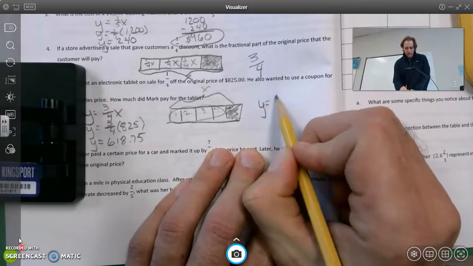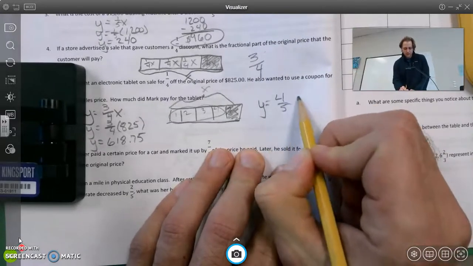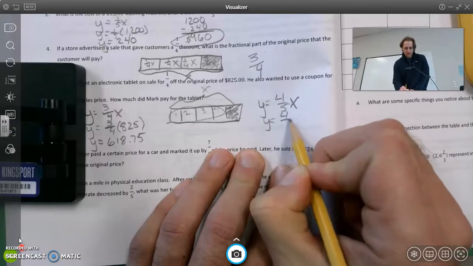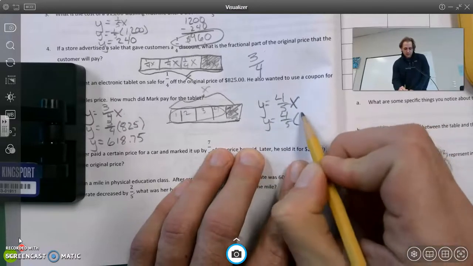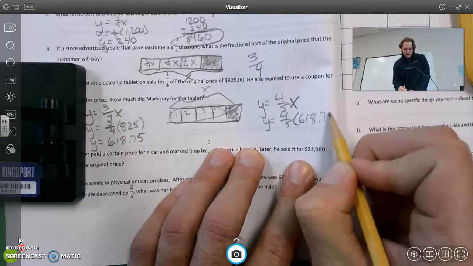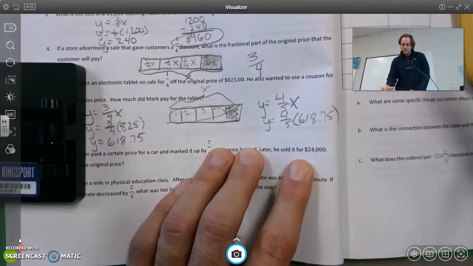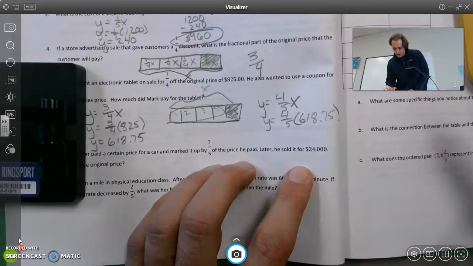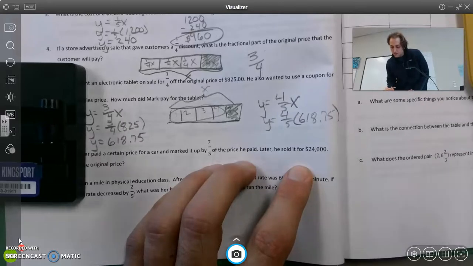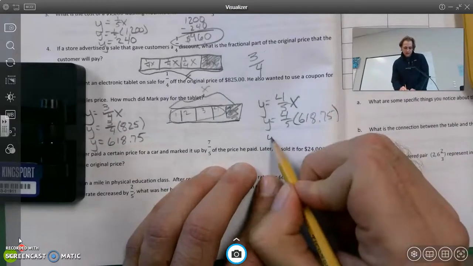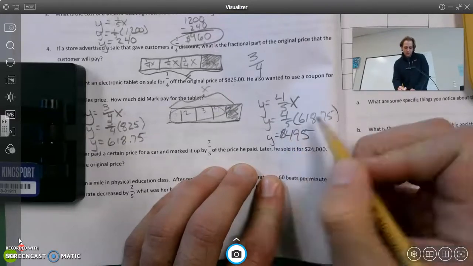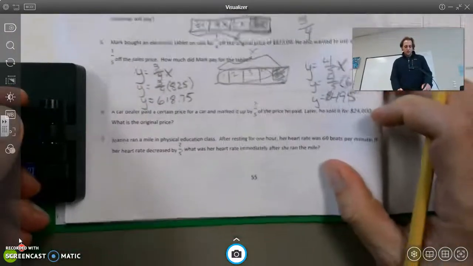Y equals 4/5 of the sale price, and that sale price is $618.75. Let's do some multiplication. $618.75 times 4/5. That is $495. And that's how much Mark would pay.